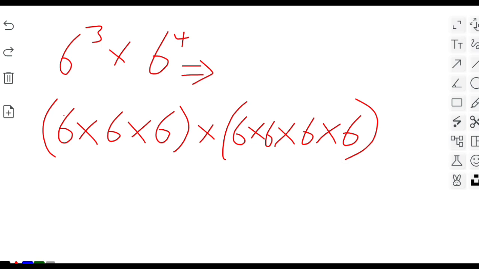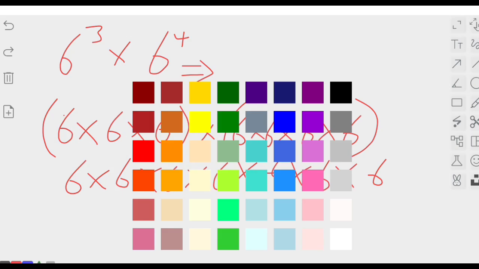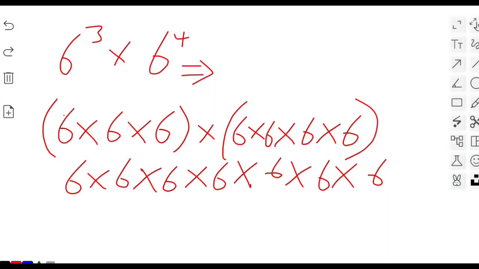Now, if we open the brackets here, we're going to have 6 times 6 times 6 times 6 in 7 places. Now let's count the number of 6s that we have here.